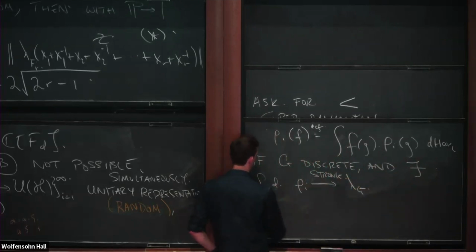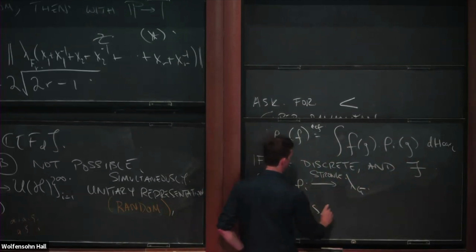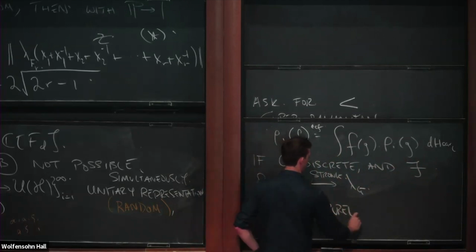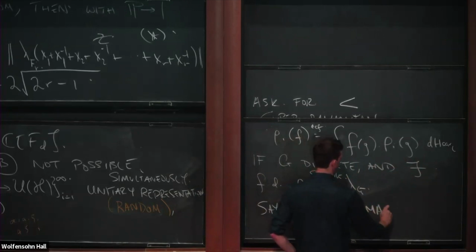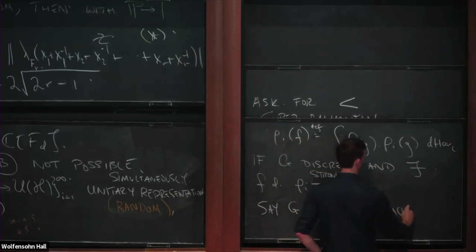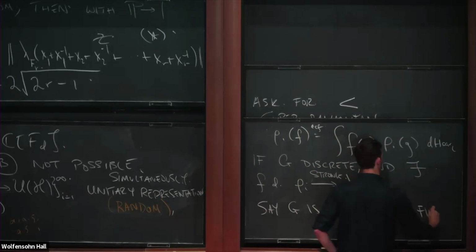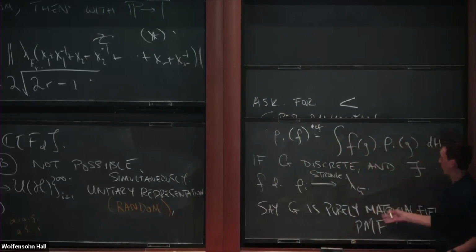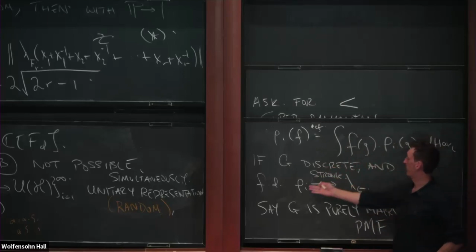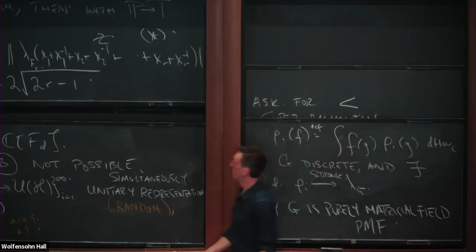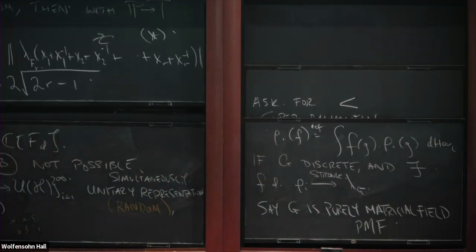I say that G is purely matricial field. And we're not going to worry about what this means. It comes from operator algebras, but we're going to call it PMF. It means that there are finite dimensional unitary representations such that you have this convergence for every element of the group ring.